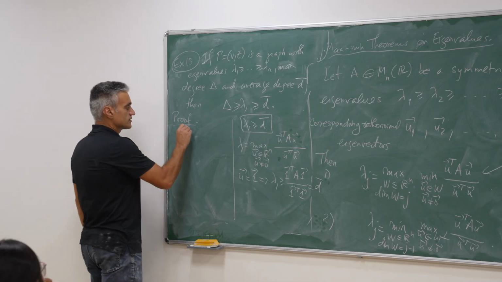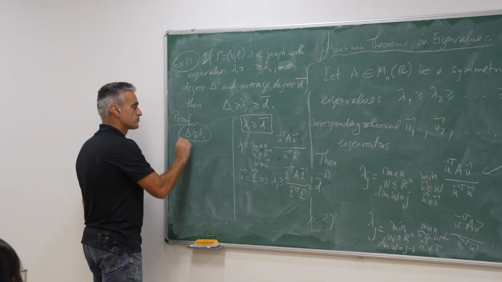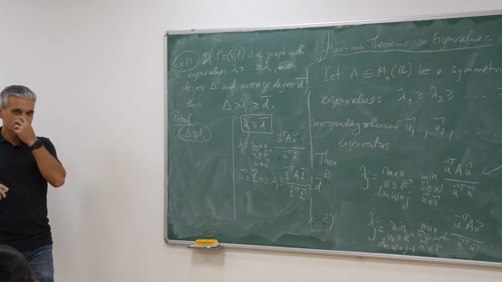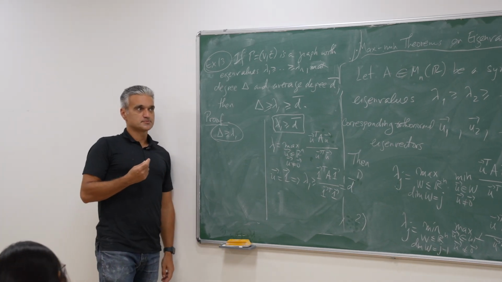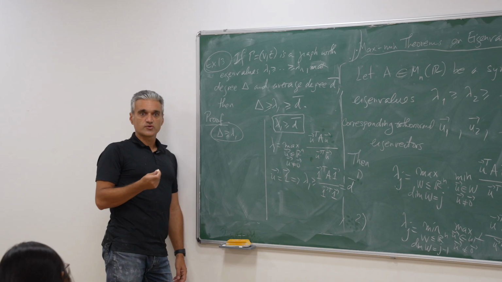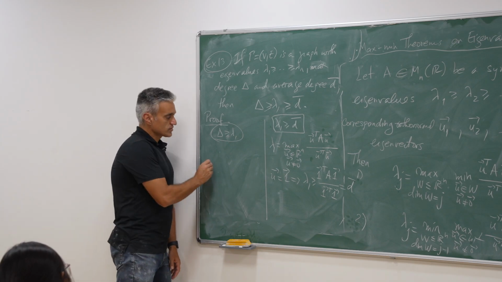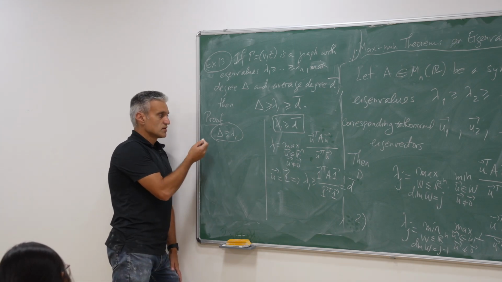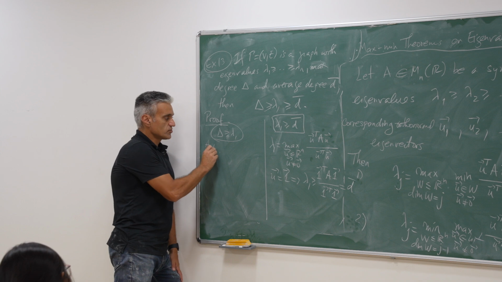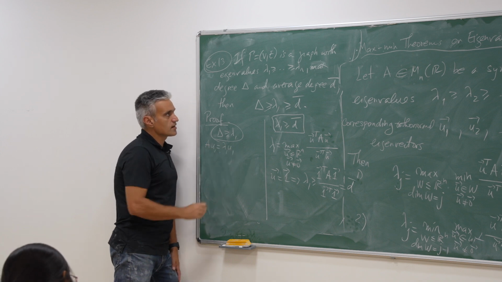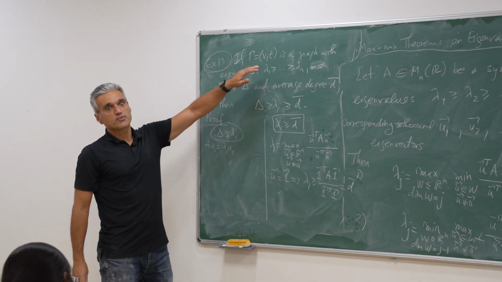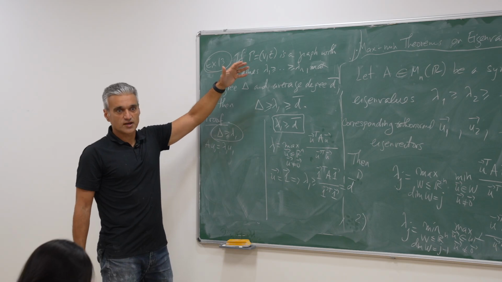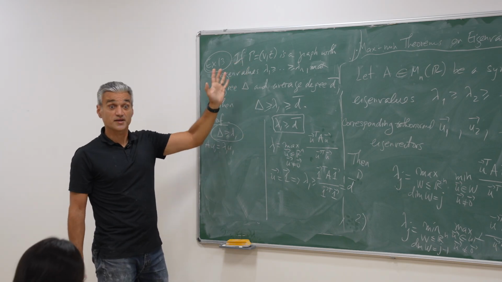Now the second part, delta greater or equal to lambda 1. Here it's useful to think about the eigenvalue, eigenvector view. You have AU1 equals lambda 1 U1. I don't have anything about connectedness, so I cannot just say U1 is positive, but I don't need that.